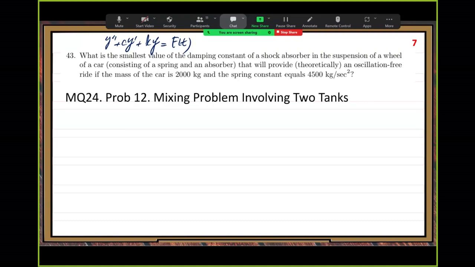Number 24, a mixing problem involving two tanks. So this time, a linear system. Among all these 15 questions, for the linear system, our module 3 computation questions, I only give you the last two, number 24 and number 25. Before that, there are no linear system questions.